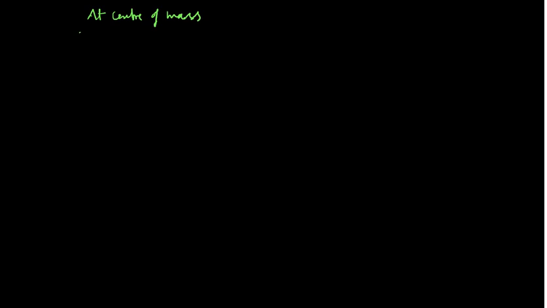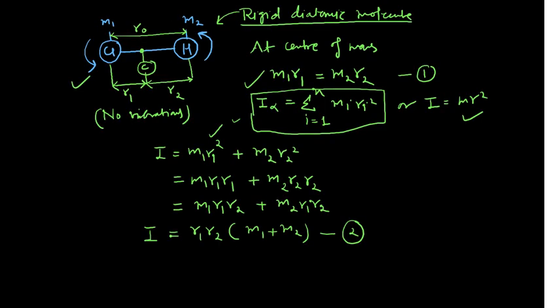You know what will happen: m1 r1 equals m2 r2, this you have written in the last page, and you know the bond length was r0. You can see here, this is r0. This bond length is r0.